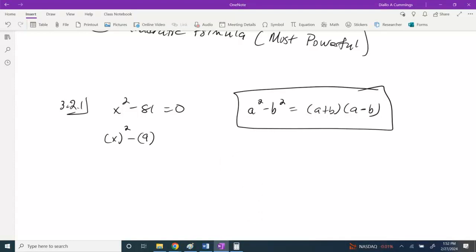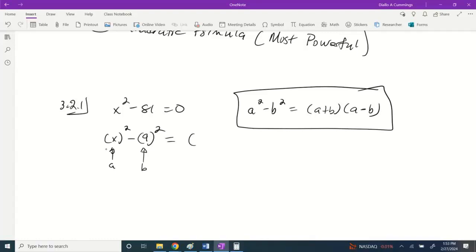So if I write it like this, x squared is x squared, minus 9 squared is 81. By doing this, I pull out an a and I pull out a b. So I can factor that by using that formula.